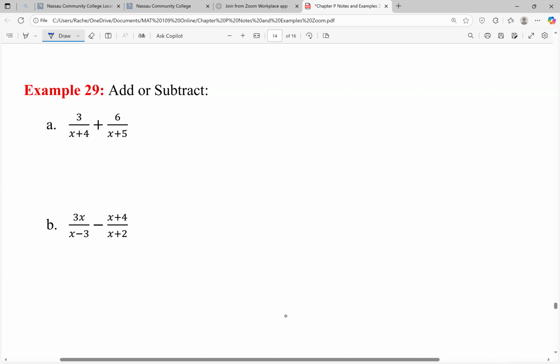So my least common denominator in this case is going to be x plus 4 times x plus 5. So what I want to do is rewrite each expression over the common denominator of x plus 4 times x plus 5, and then we'll be able to take the sum.